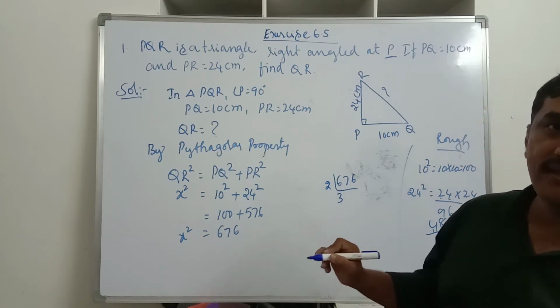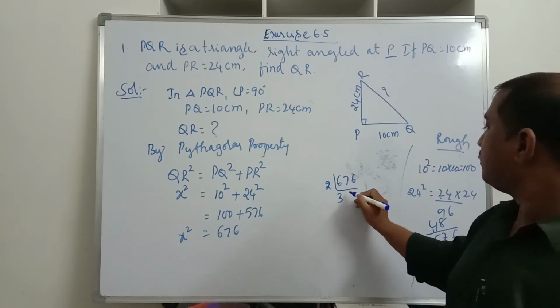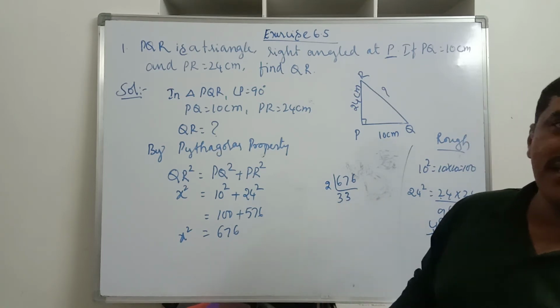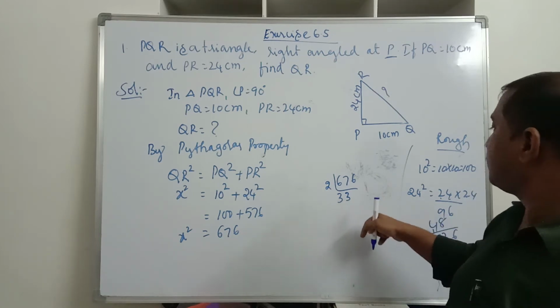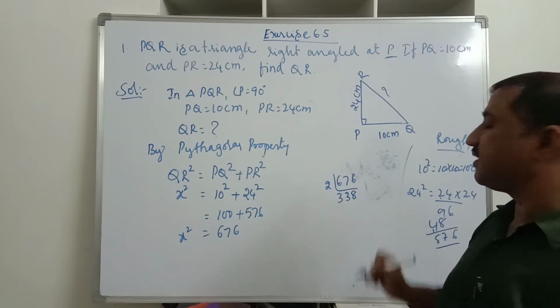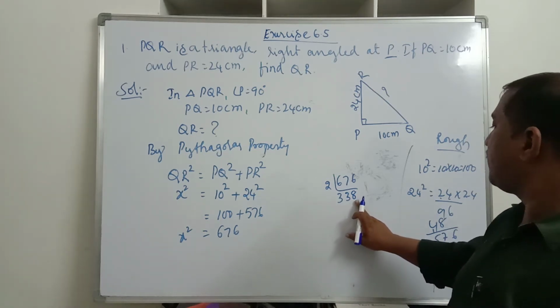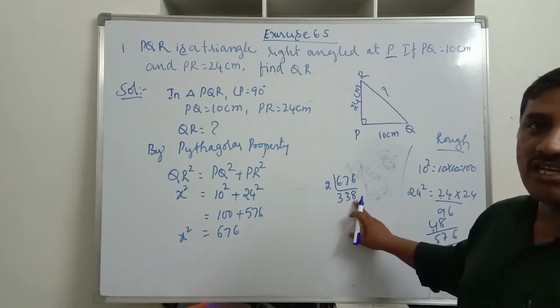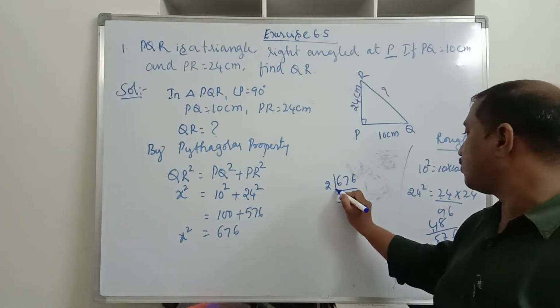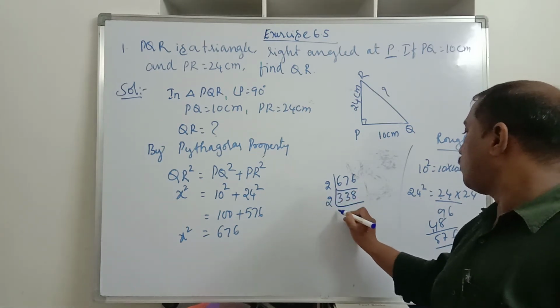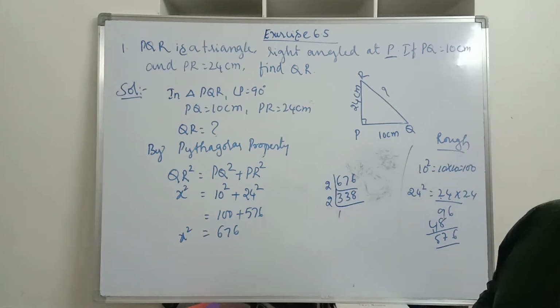6 minus 6, 0. Bring down 7. 2 3s are 6. 7 minus 6 is 1. Bring down 6, 16. 2 8s are 16. 16 minus 16 is 0. Now we got 338. 8 is there in the units place, so it is divisible by 2. Divide by 2. 2 1s are 2. 3 minus 2 is 1.